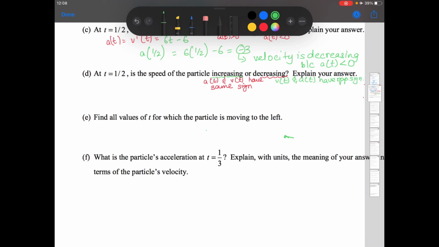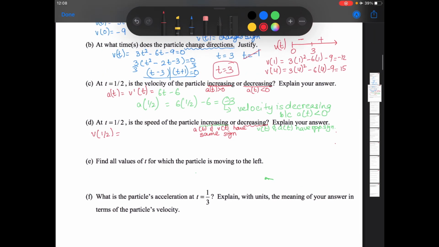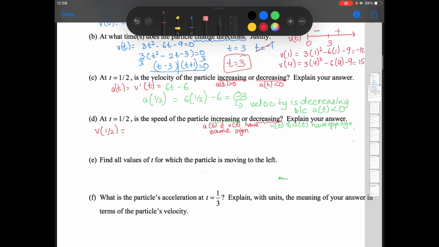So here I want to find v of 1/2, which would be what? So I'm going to go to my v function. I'm going to substitute in 1/2, which is 3 times 1/2 squared minus 6 times 1/2 minus 9, which would be negative 45 over 4. And a of 1/2 would be what?